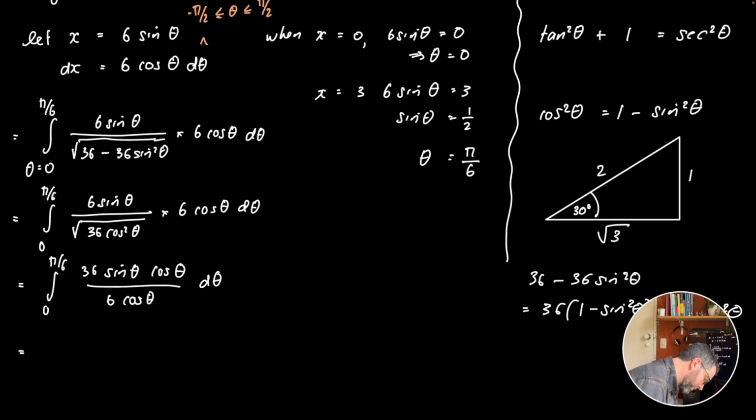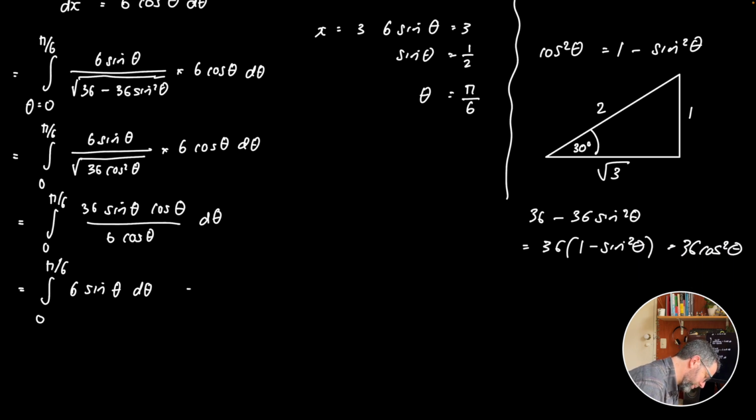So that equals the integral from 0 to pi over 6. Cosines will cancel, one of the 6's will cancel, of 6 sine theta d theta, which equals, well, integral of sine is cosine, so it's going to be 6 cosine theta, and we need to introduce a negative sign, all between 0 and pi over 6.